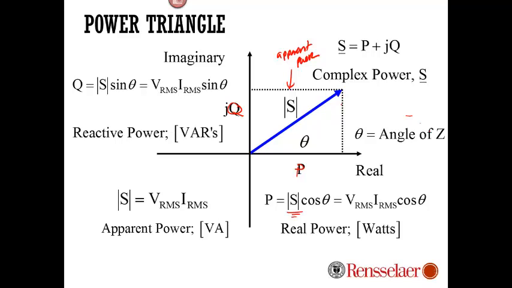You take the magnitude times the cosine of the angle of impedance, which was phi V minus phi I, and then we get the real power. If you take the sine, the magnitude times the sine of theta, then we have Q, the reactive power. So this is what power is in complex space.